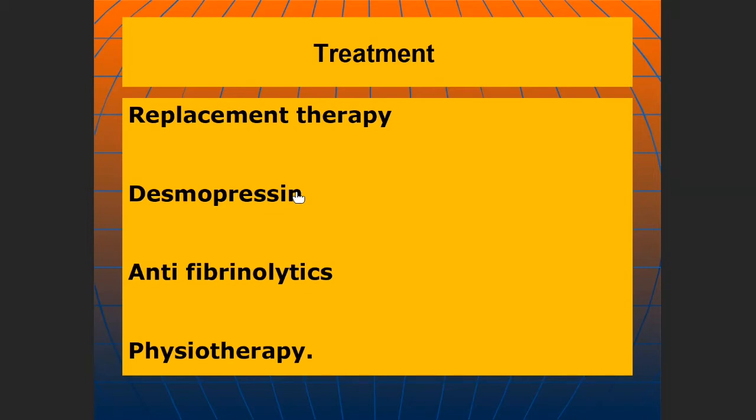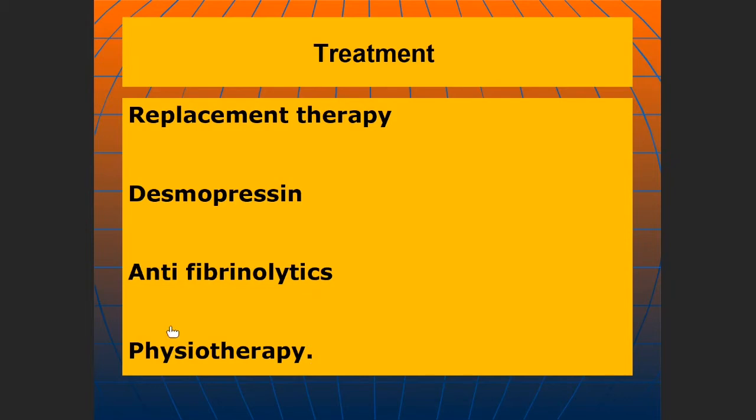This is in mild hemophilia. Desmopressin stimulates the endothelial cells to secrete factor 8 into the blood. We give an antifibrinolytic agent to prevent lysis of the fibrin clot and to prevent bleeding.